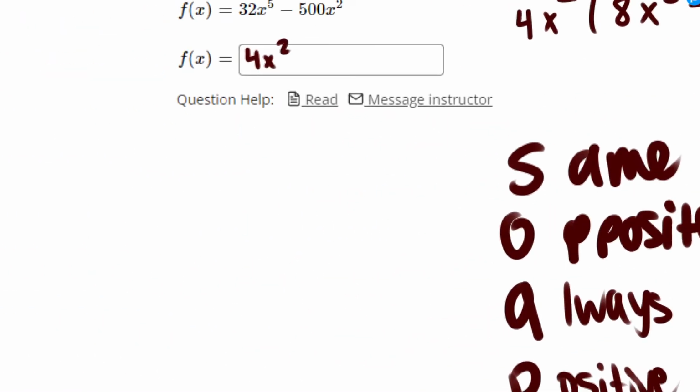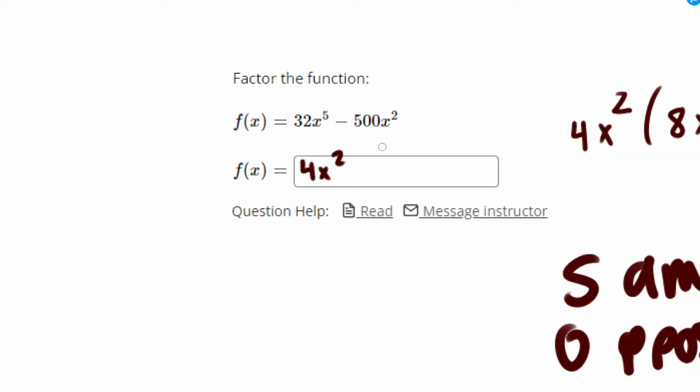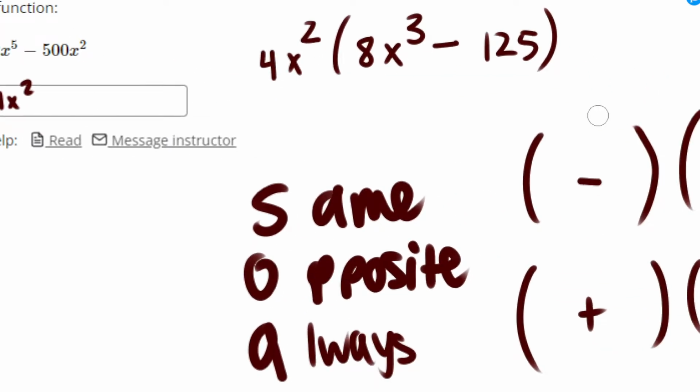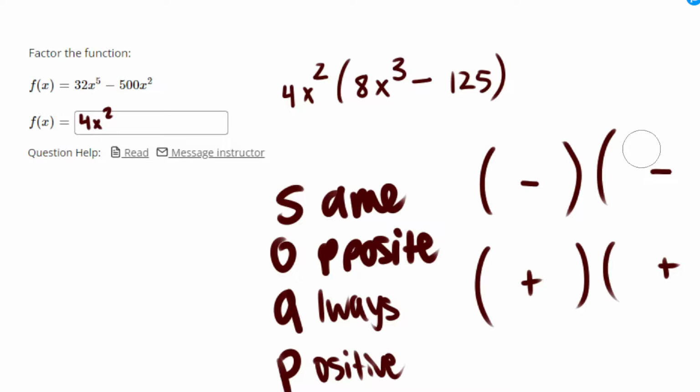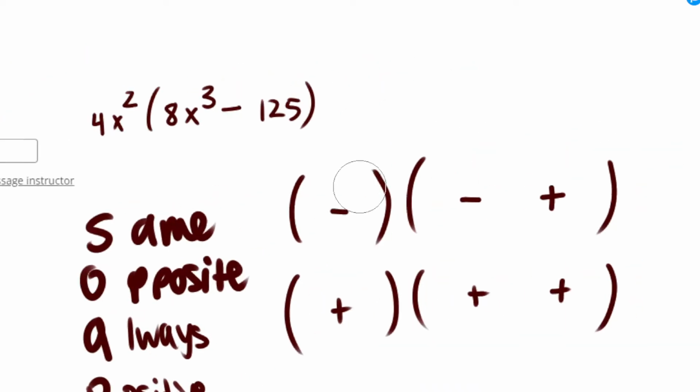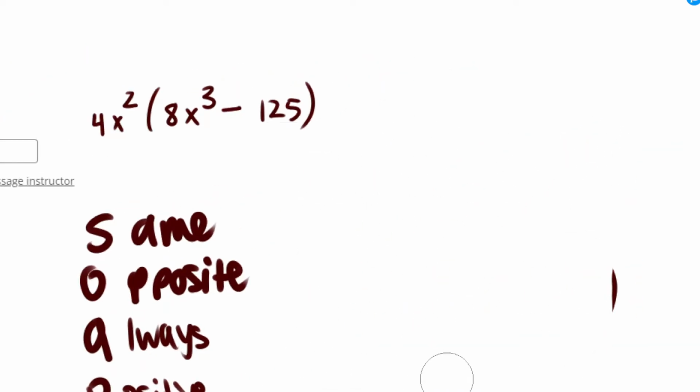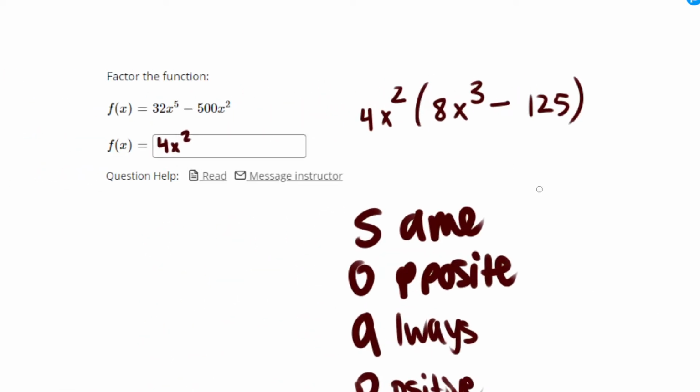So, in this example, we have 2 perfect cubes here. We have x, and we don't need to worry too much about the 4x squared here. So 8x cubed minus 125. 8x cubed, the cube root of that would be 2x.